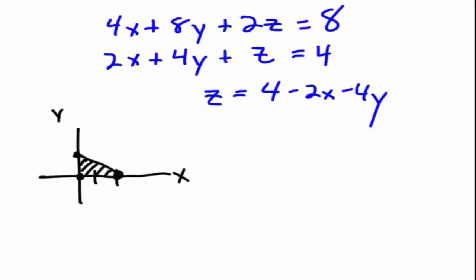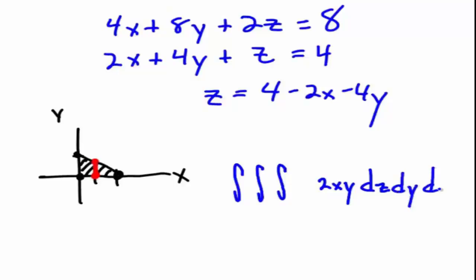Okay. Now, we'll go dz, dy, dx, so using vertical rectangles as a model. Let's set up our integral. We already know that the inner limits go from 0 to 4 - 2x - 4y.